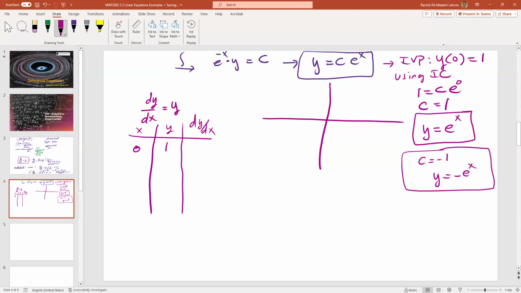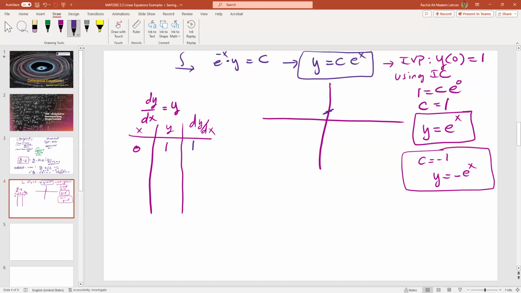So if I take a point on a plane, let's say 0, 1, and a solution goes through this point, then what does it mean? I need to calculate the slope. dy over dx, as I mentioned previously, equals y, so it really just depends on y, so it's going to be 1. So you come to this point, and you're going to do a slope of 1, like go up 1 over 1, something like this.